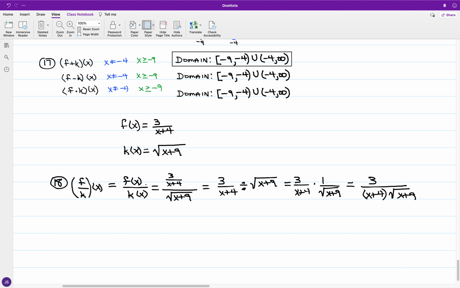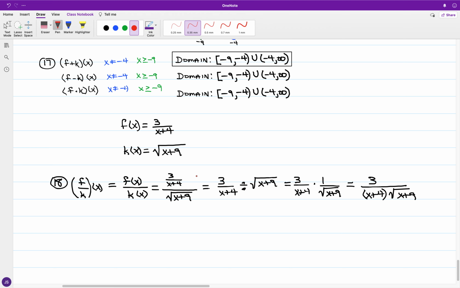And so I'm going to have to keep both f of x and k of x defined. Again, with 3 over x plus 4, this is already presented as a fraction. Even though f of x is in the numerator, I still have a fraction in the numerator, so the bottom part of that fraction cannot be 0, so I still have that x cannot be negative 4. You have x plus 4 reappearing at the end, so I still have that x cannot be negative 4.